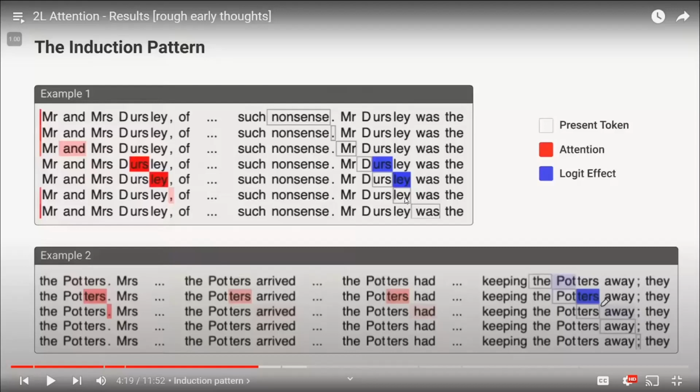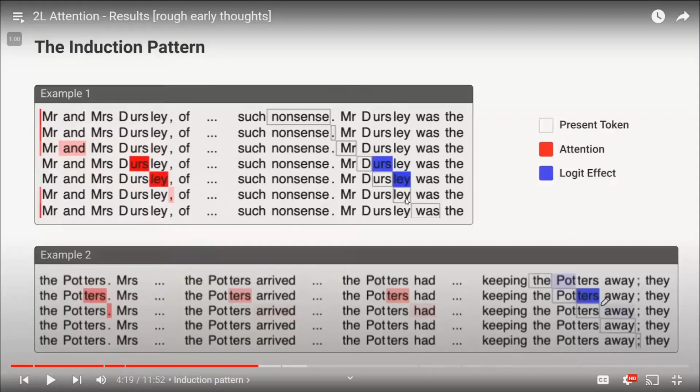But I'm pretty sure people have done this. I don't think it's in the video, but the Anthropic people put gibberish in. They just put random tokens in no particular sequence, but they made sure that they were repeated substrings. And the attention picked up on it.